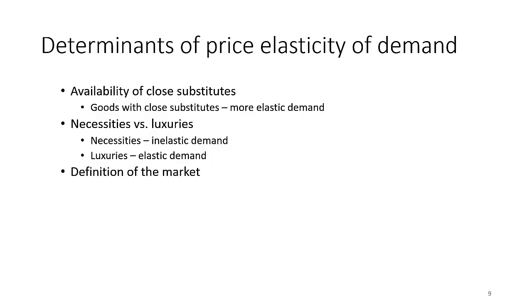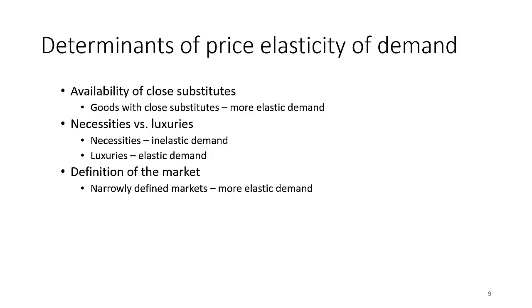Elasticity also depends on the definition of the market. A narrowly defined market means more elastic demand versus a broadly defined market. Again, for example, suppose you are looking at the market for Coke. Coke is a specific brand. Demand is very elastic because if Coke prices increase, people will start buying Pepsi.